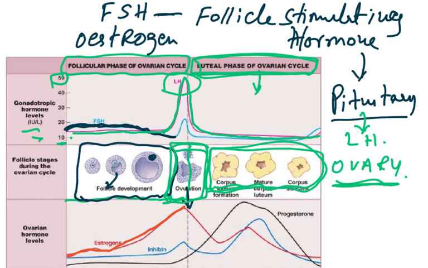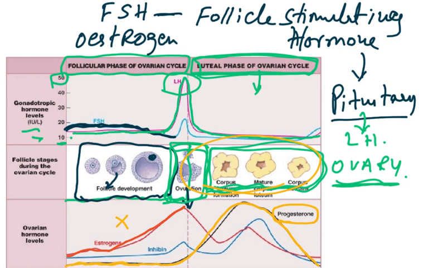And then once the corpus luteum has been formed, this corpus luteum produces a hormone called progesterone. So you see the level of progesterone is very low here. And then suddenly after day 14, progesterone levels rise and then remain high and then fall down. So here we did not have any progesterone in this first phase, which is the follicular phase.